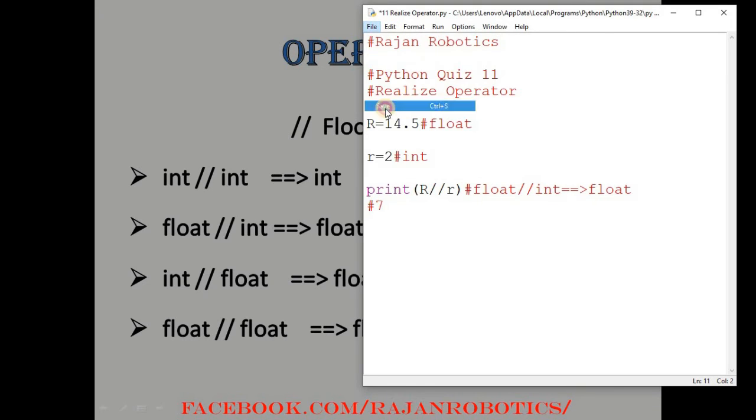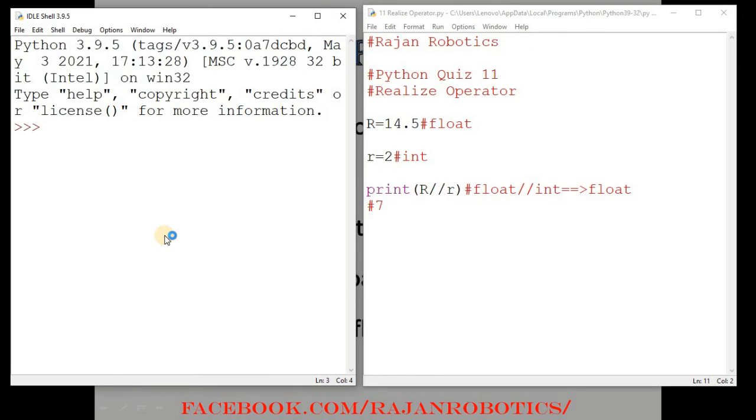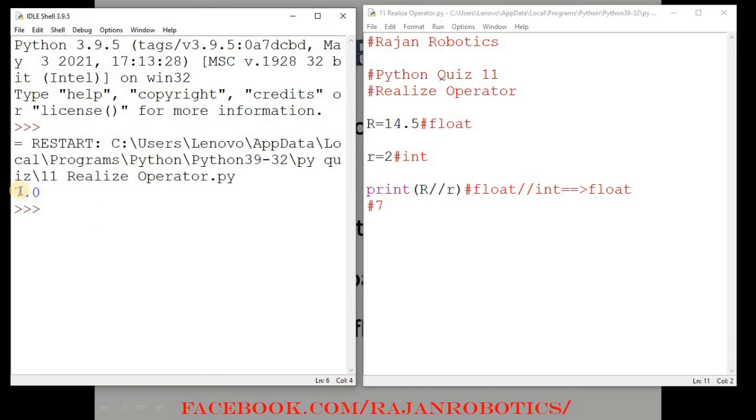Now let us save this file and run the module. Yes, see this 7.0, because we are dividing a float by an integer, the answer was 7.0. If either the divisor or the dividend is a float, we get the quotient in the form of float.